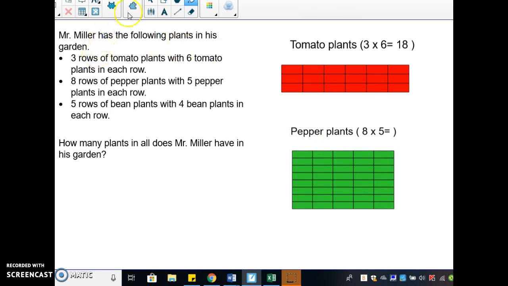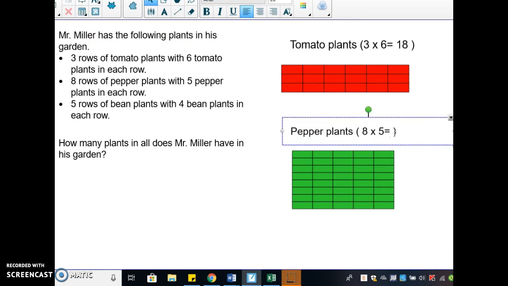So 8 times 5 is the same as 40. 40 is the product for 8 times 5.